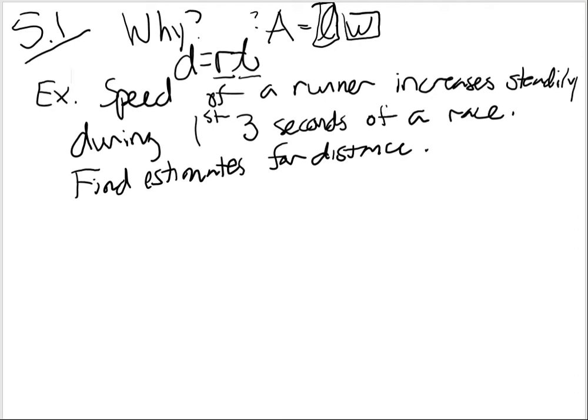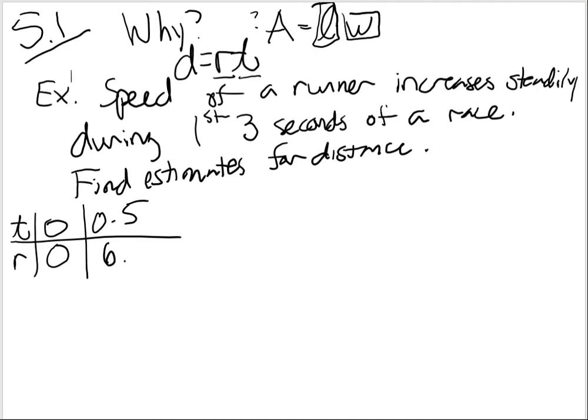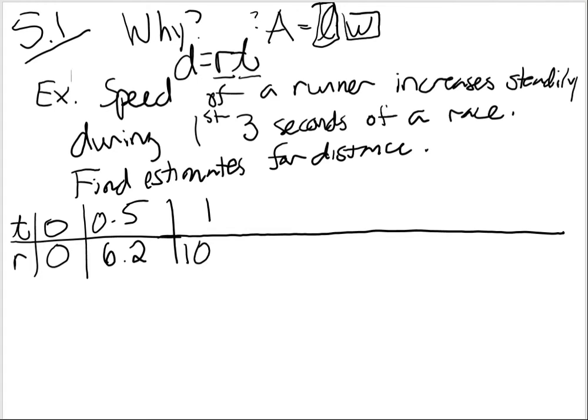Now we know D equals RT, and now this is going to give us, at time 0, say you're starting at 0, but at 0.5, this is now your new speed, 6.2, and it's giving this table. So I'm going to just quickly write this down.